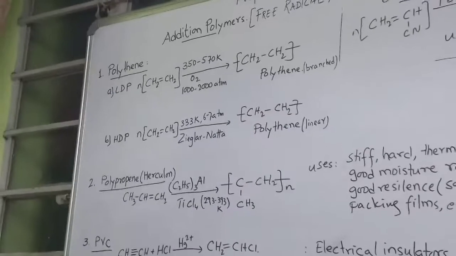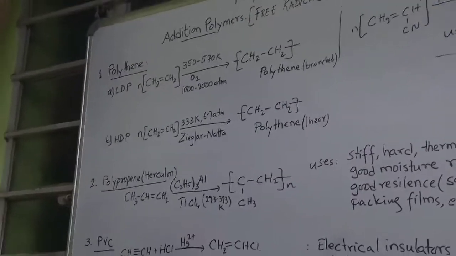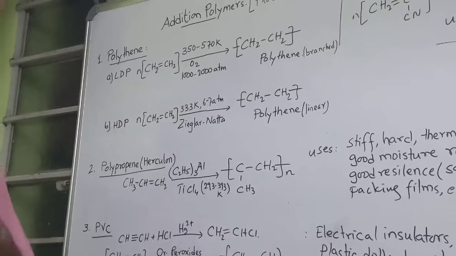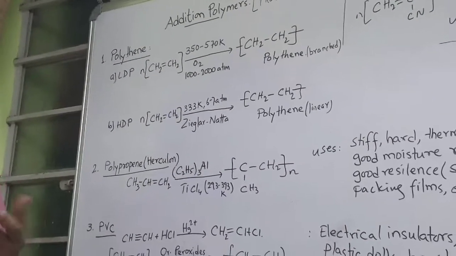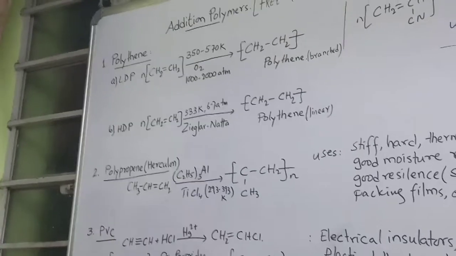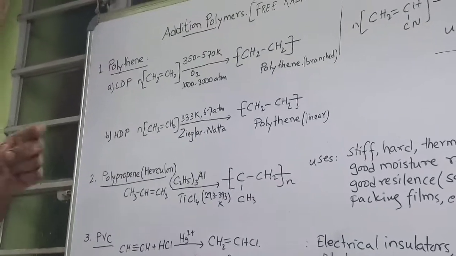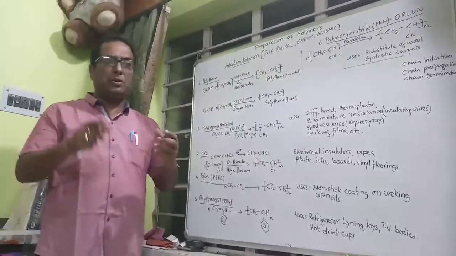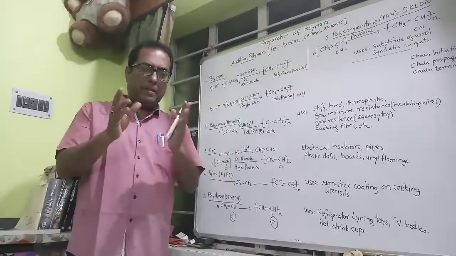LDPE means low density polythene. They have a low melting point. They are flexible. Sometimes you have seen polythenes which are very flexible. You can make squeezing toys and all, like the tomato sauce we have in the pouch.